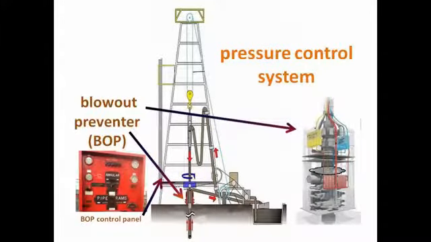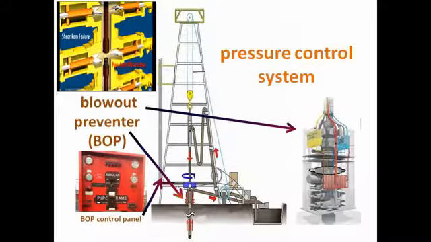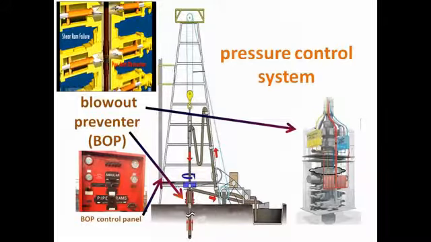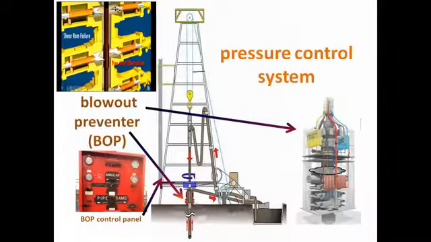The main component of the pressure control system is the blowout preventer, BOP. Made up of valves, pressure gauges, and chokes arranged in stacks with a series of rams and preventers, the BOP's principal function is to prevent blowouts.